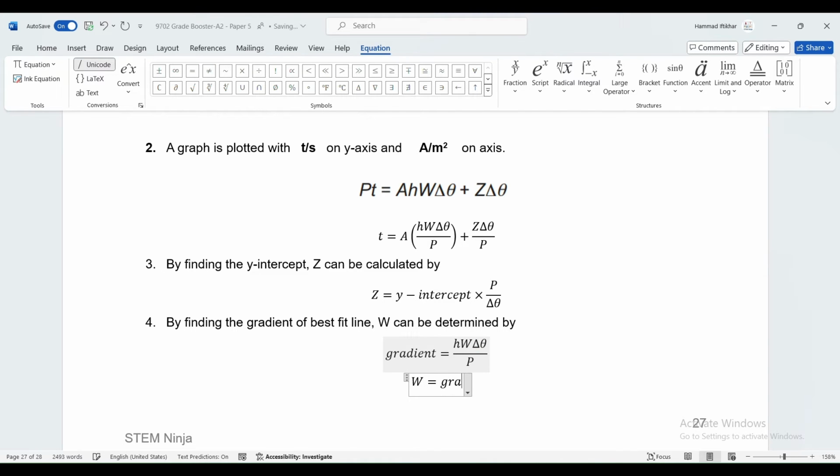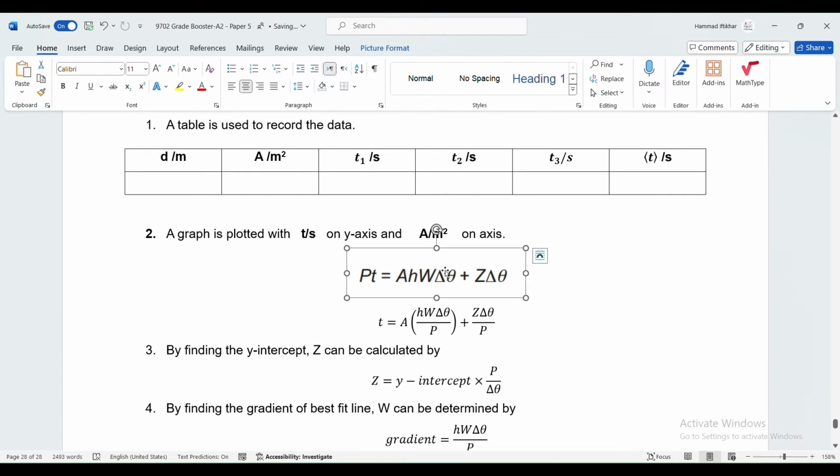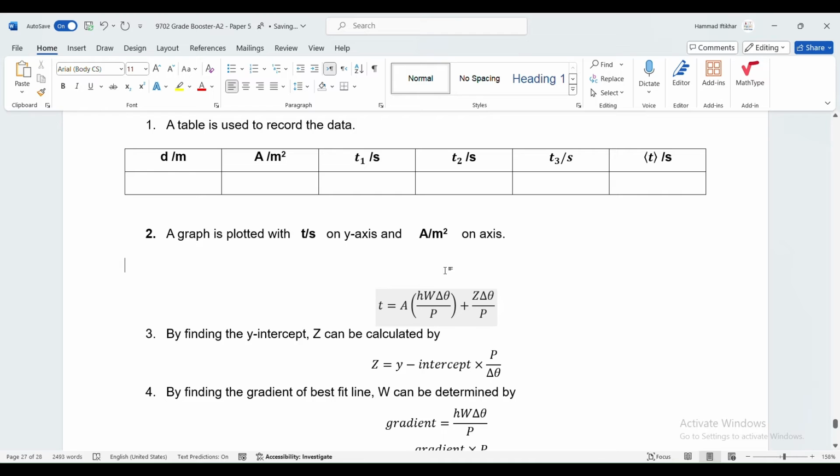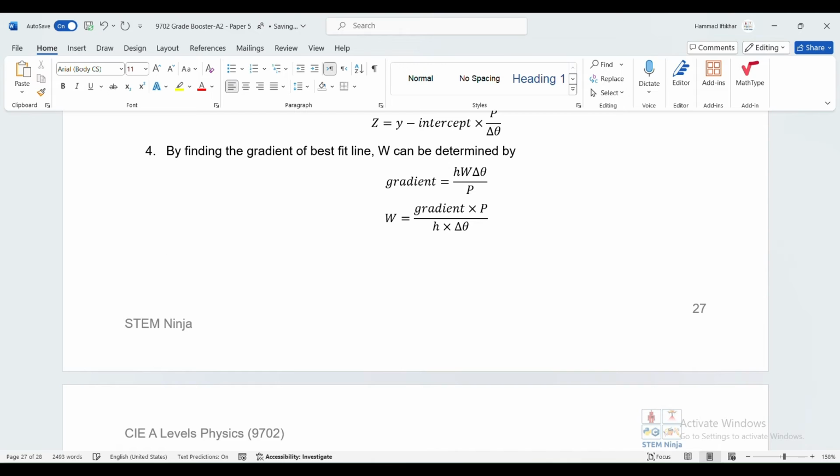So W will be gradient times by power divided by h and delta theta. Okay, so gradient times by p divided by h and delta theta. That's about it. So we can forget about this. Right. So this is our W.